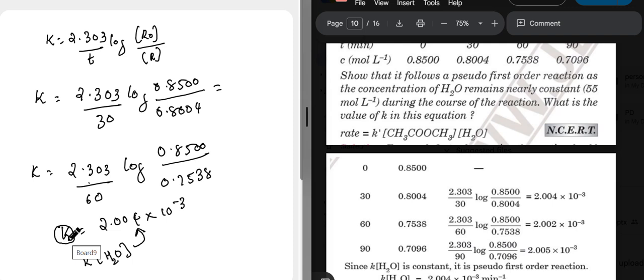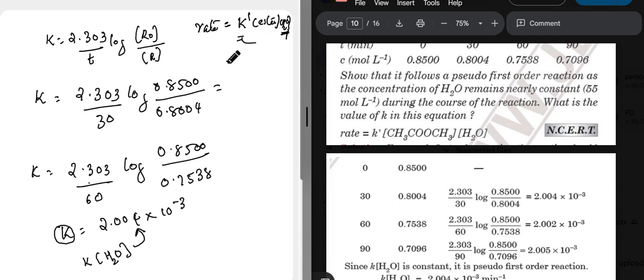This value, when you calculated, is coming from this rate law: rate is equal to K dash, sorry, K dash into ester into water, right? This water is a constant, K dash is a constant.